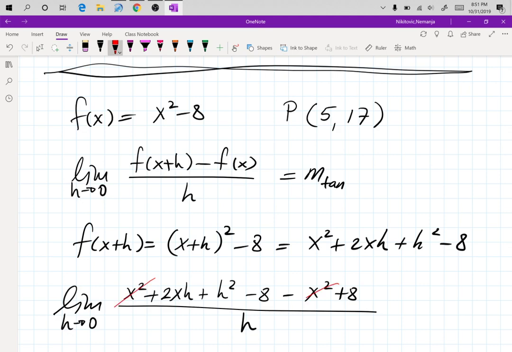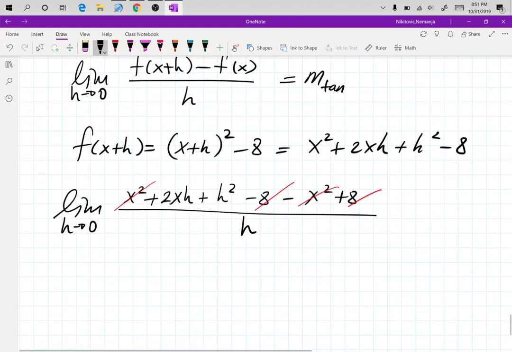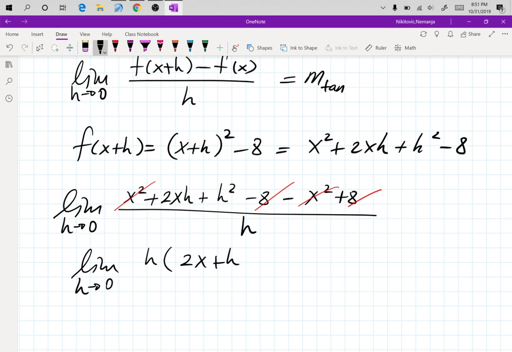So now x squared dies, 8 and 8 die, and we have limit as h goes to 0. You can factor out h, and you get 2x plus h divided by h. Now these will cancel, and when h goes to 0 you will get 2x. Just the derivative. You know the derivative of x squared minus 8 is 2x. This was the long way to do that.